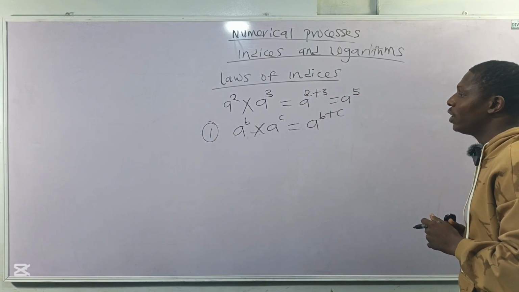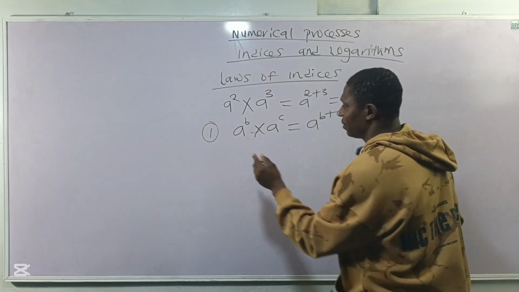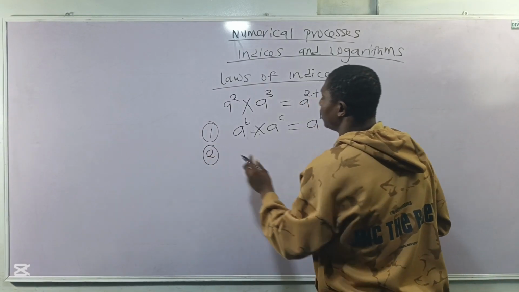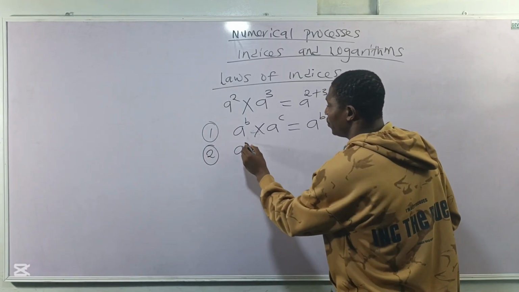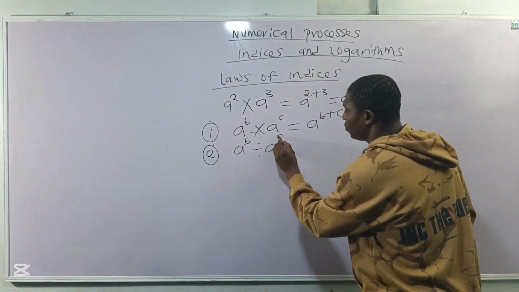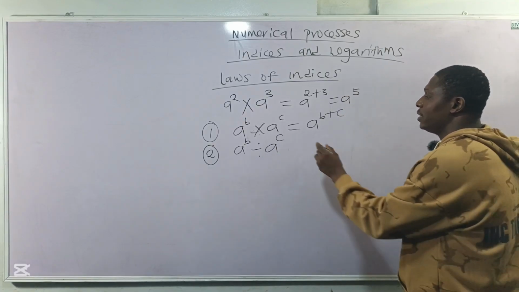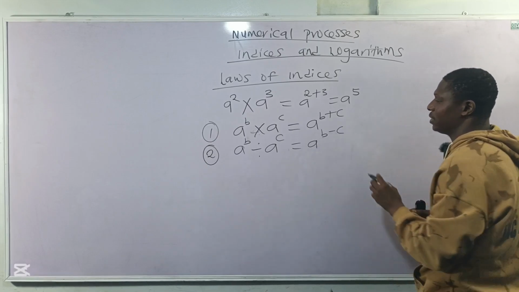Our second law has to do with the division of indices. If I have a raised to power b divided by a raised to power c, this simply gives me a raised to power b minus c.